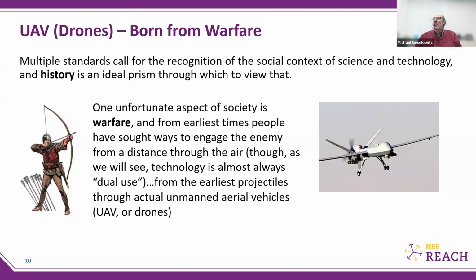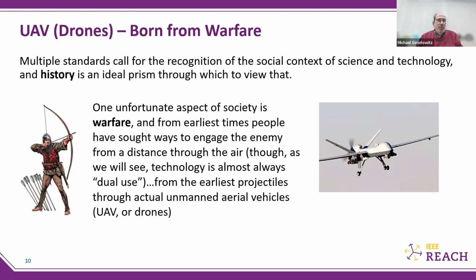We've said that history is an ideal prism, and so we're going to use this example. Society has lots of aspects, and one unfortunate aspect is warfare, and it goes way back. If you've seen 2001: A Space Odyssey, the classic movie, it goes back to our pre-human ancestors.